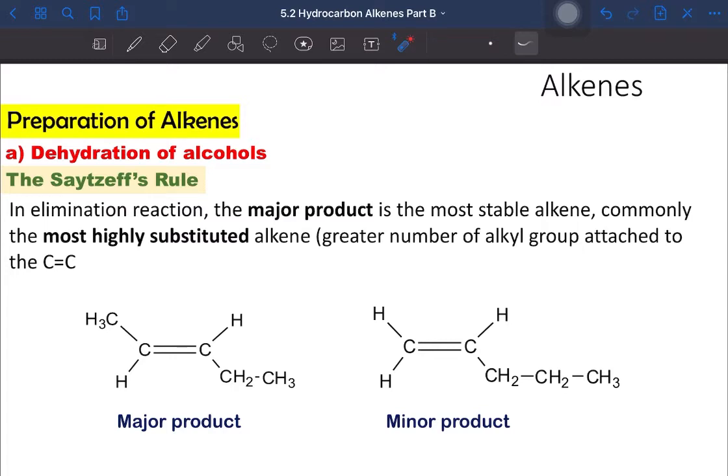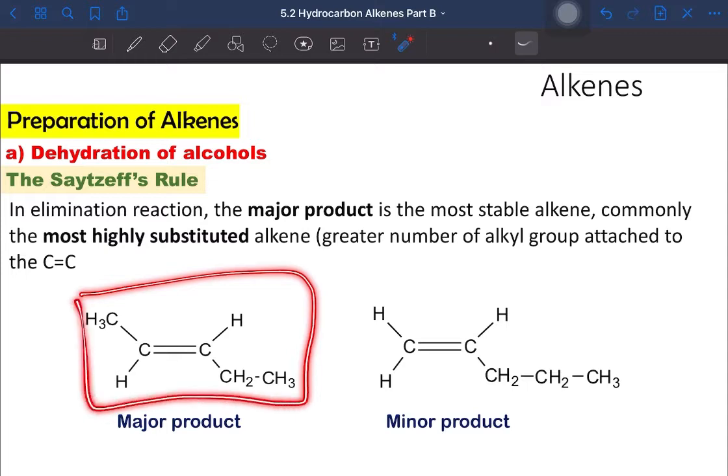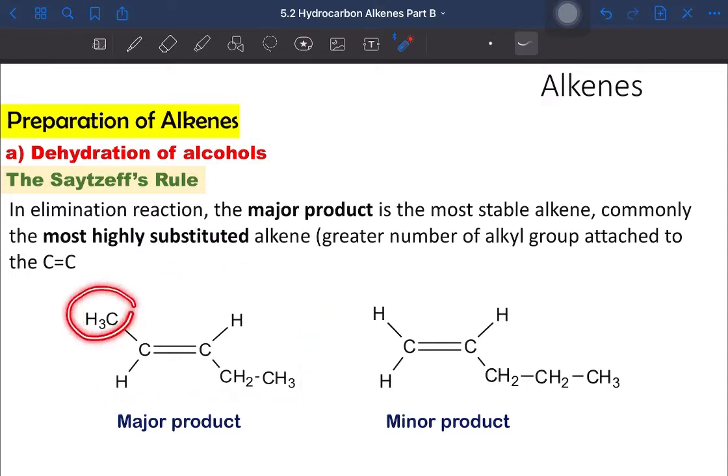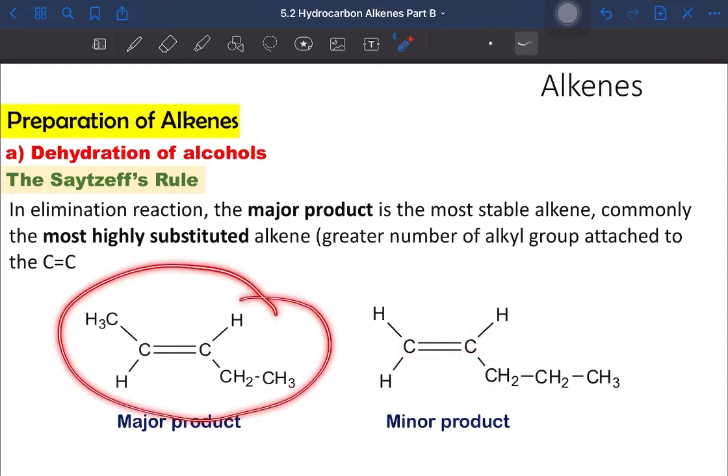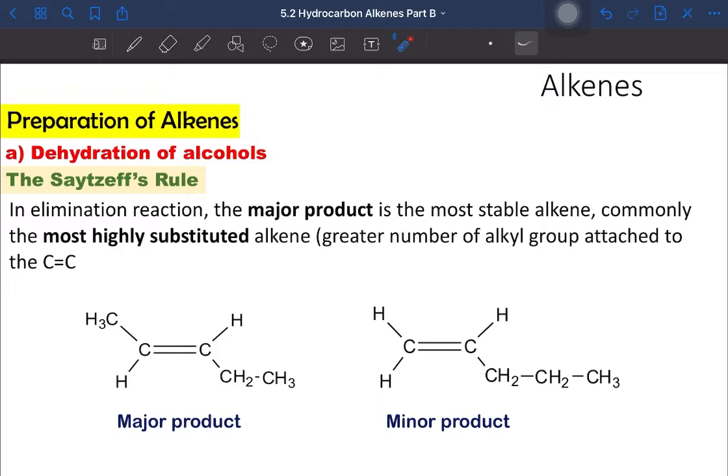If we compare between these two products, this one has 1 and 2 alkyl groups attached to the carbon-carbon double bond, while this one only has 1 alkyl group attached to the carbon-carbon double bond. Since this product has more alkyl groups attached to the carbon-carbon double bond, this product is the major product and this product is the minor product.